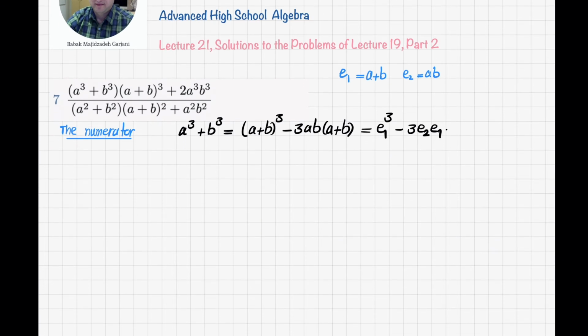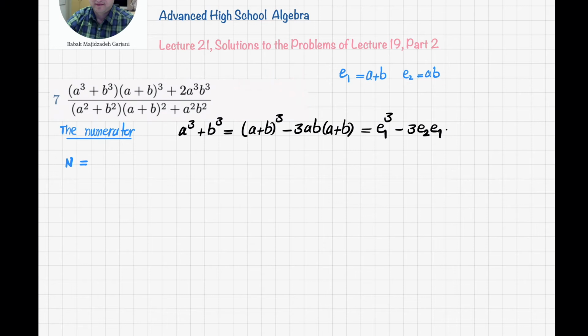So it means that the numerator n can be written in this form. Instead of this expression, I can write this. This is just e1, so it becomes e1 to power 3, and 2a^3 b^3 can be assumed as 2 times (ab)^3, but ab is just e2. So this becomes 2 e2^3.